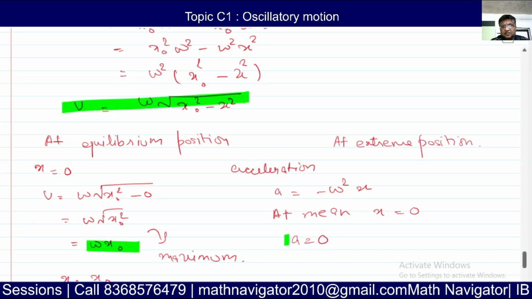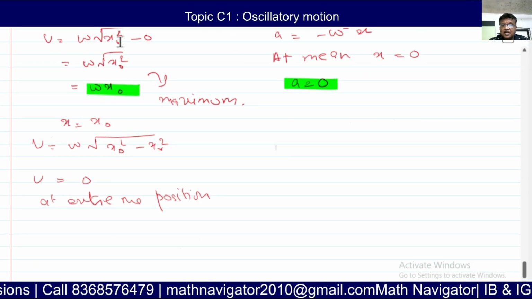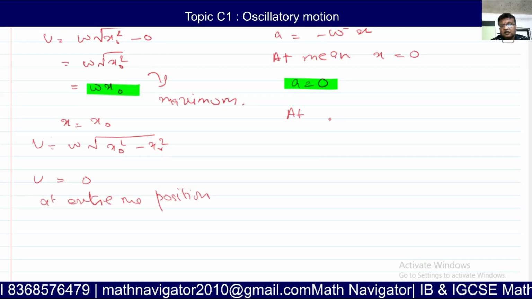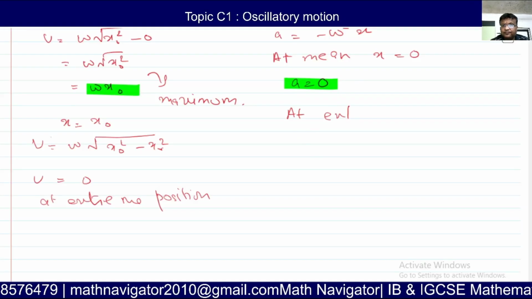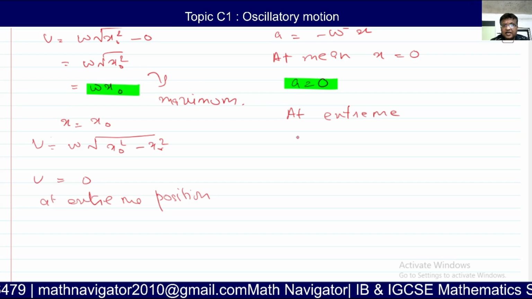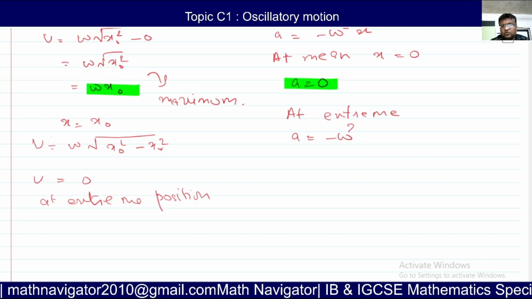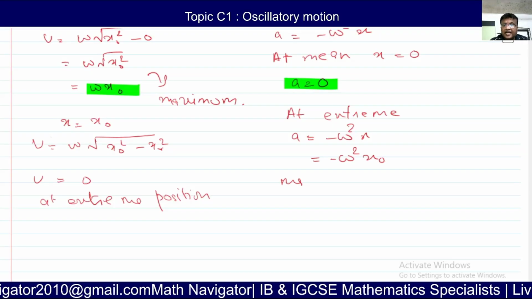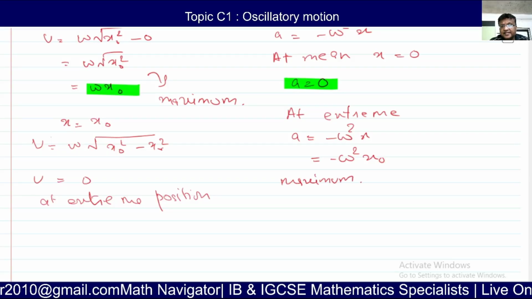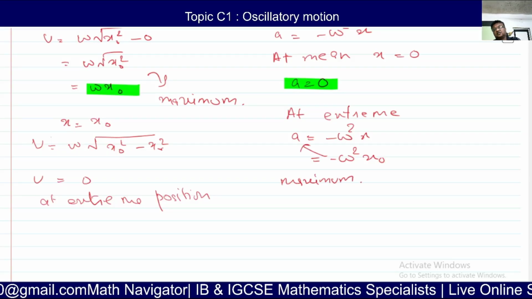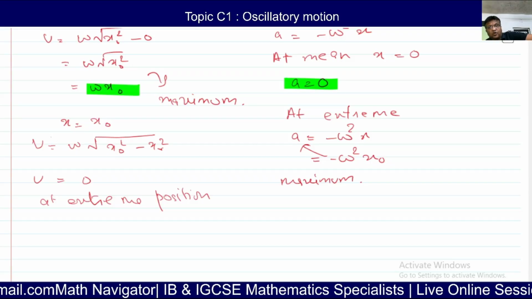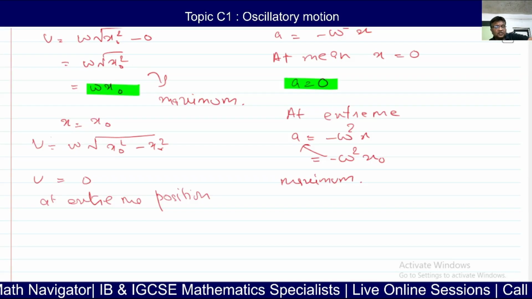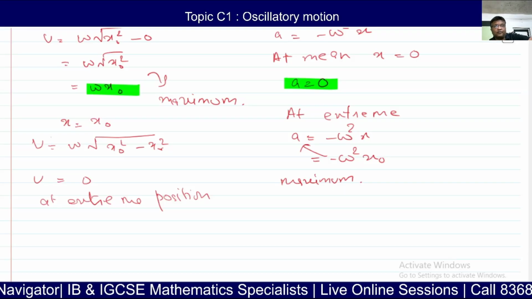At extreme position, acceleration is equal to negative omega squared x, which is maximum. This negative sign shows that acceleration is in the opposite direction of displacement. Got it? I hope this topic is clear to you.